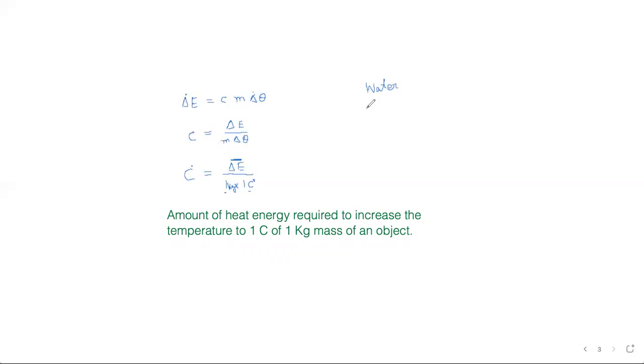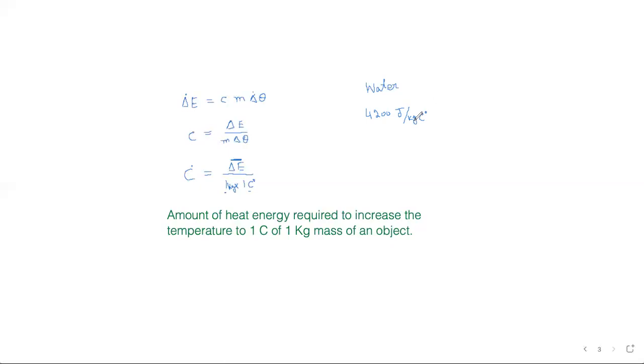The water's heat capacity is 4200 joule per kilogram per degree centigrade. So what does it mean? It means we always need 4200 joule of heat energy to increase the temperature by 1 degree for 1 kilogram of water, or approximately 1 liter of water.